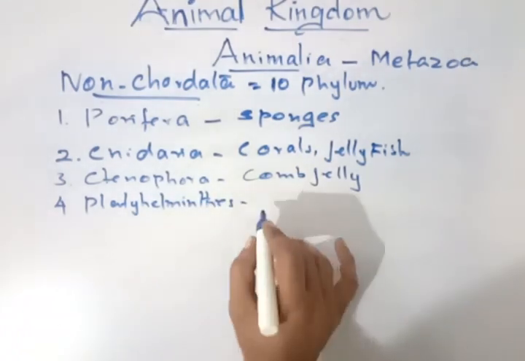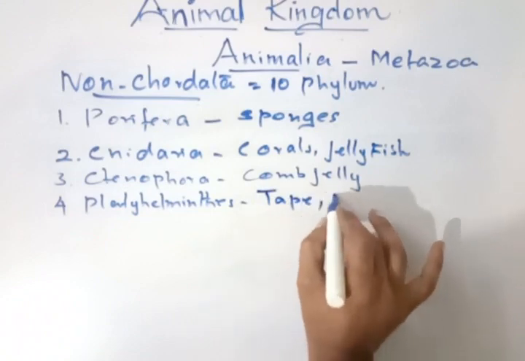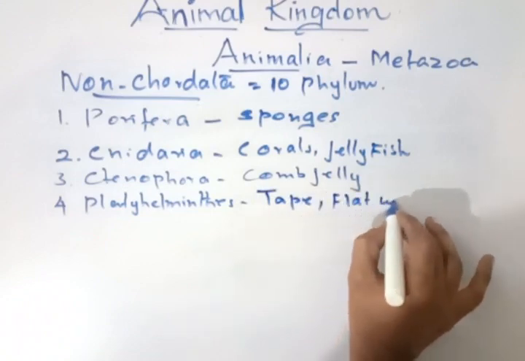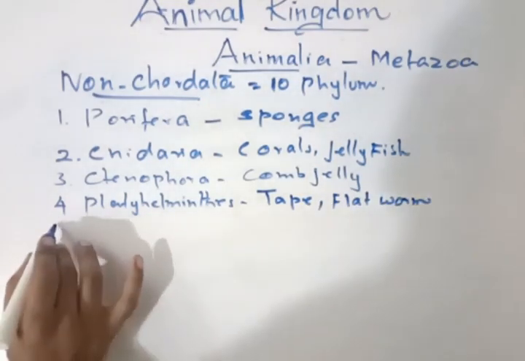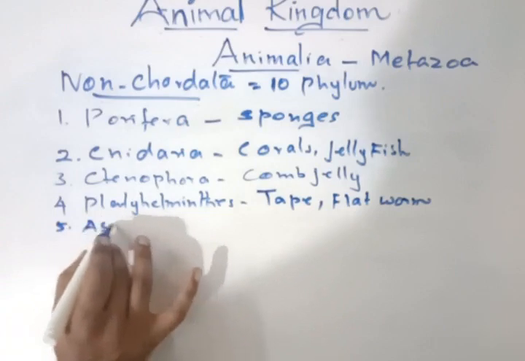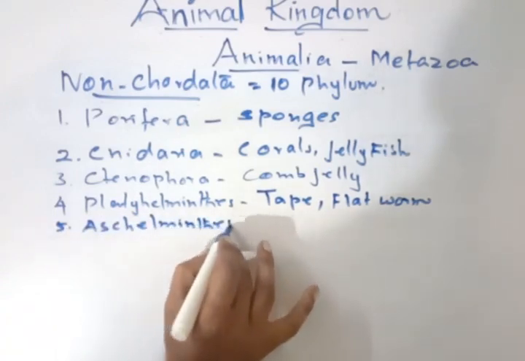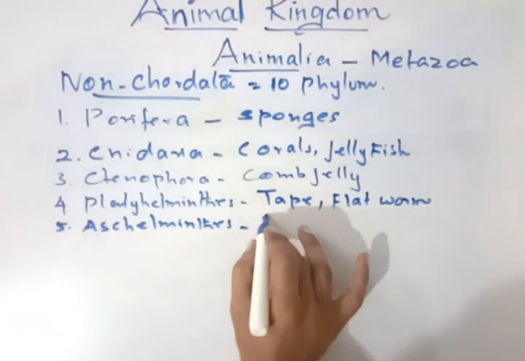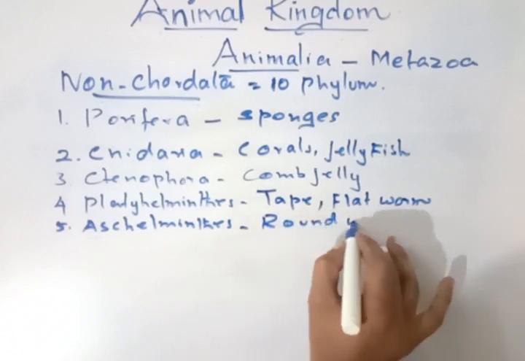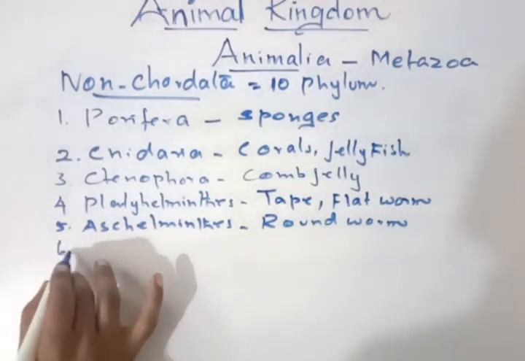Platyhelminthes means tapeworm as well as flatworm. All these are examples. Then the fifth one is Aschelminthes. The example for Aschelminthes is roundworm. All these examples you also have to understand, then only we can study in sequence. Then the sixth one is Annelida.